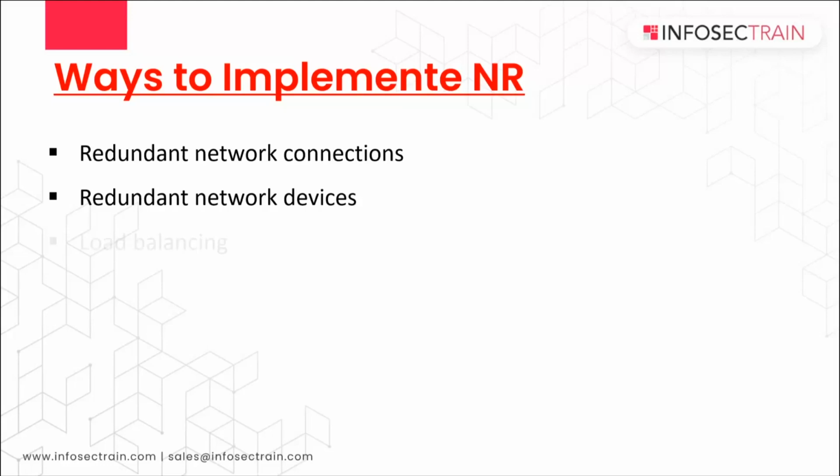Then what about next? Load balancing. As I mentioned, load balancing in the previous network redundancy topic, here also load balancing is a technique used to distribute network traffic across multiple servers or devices, ensuring that no single device is overloaded or becomes a single point of failure.